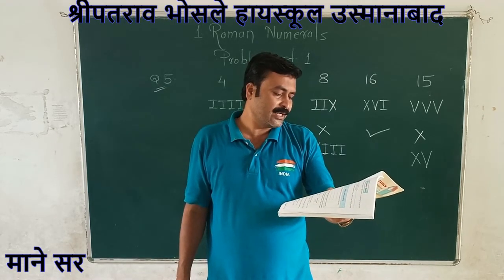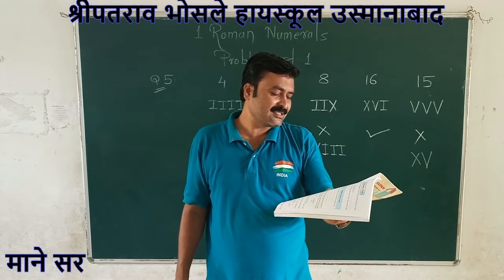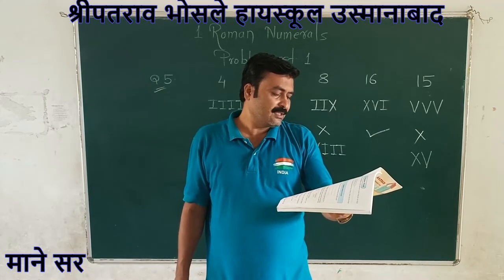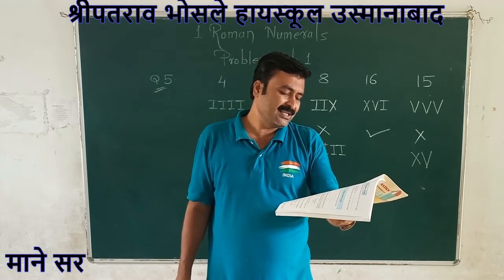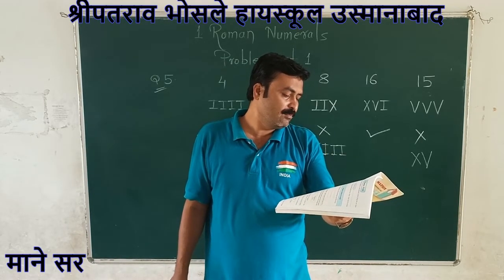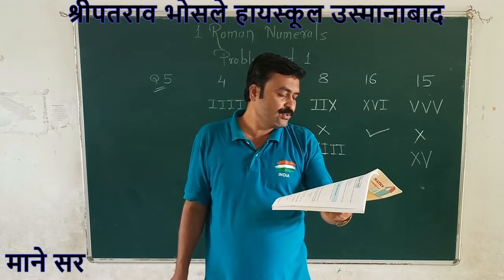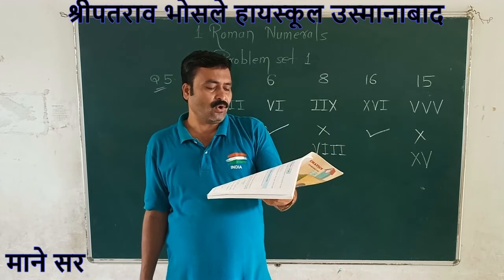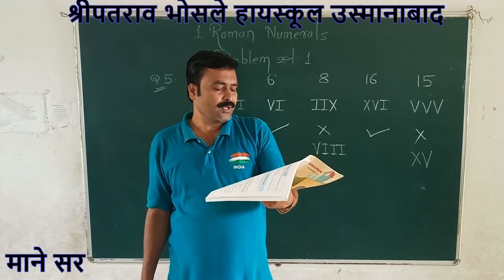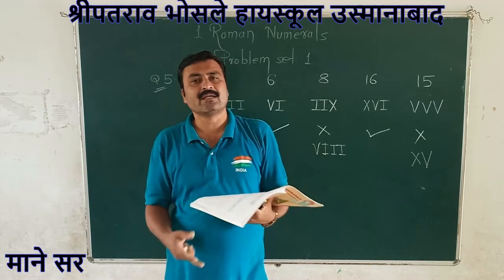This system of writing numbers is called the decimal system. Mathematicians of ancient India invented the decimal system of writing numbers. Later, this system was accepted in all parts of the world because it was simple and convenient.